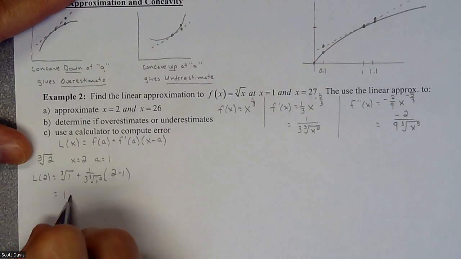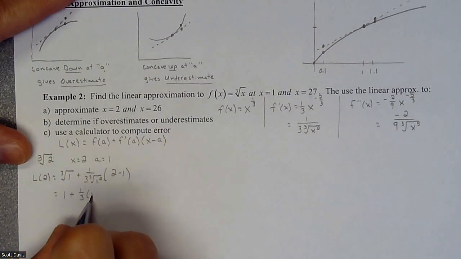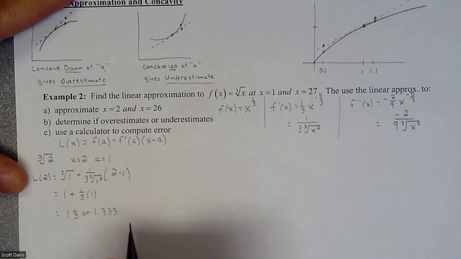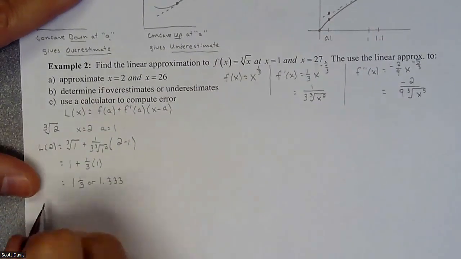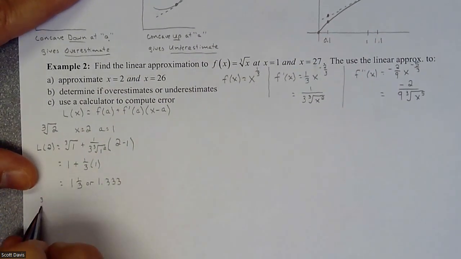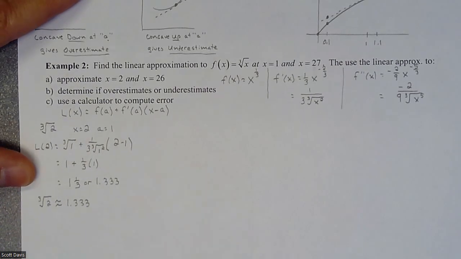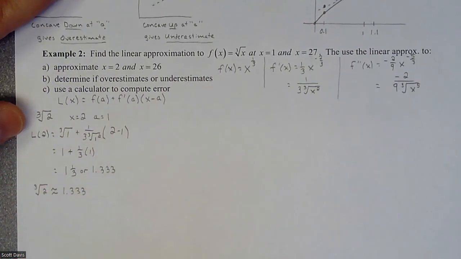So this is 1 plus 1/3 times 1. So if we add that up, we're looking at 1 and 1/3, or approximately 1.333, on and on and on. So our approximation using this method is roughly 1.333. Okay, so we're going to figure out what the actual is here in a minute.